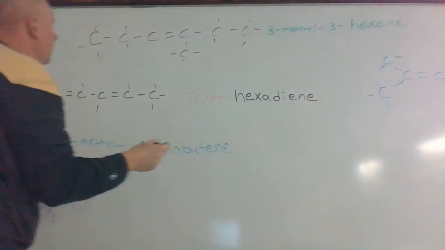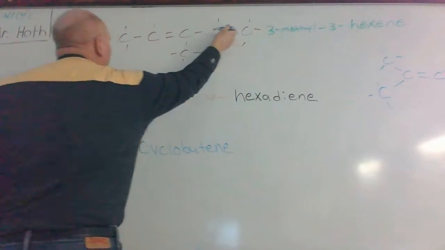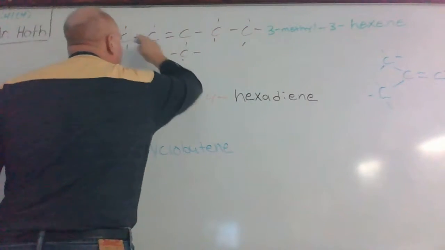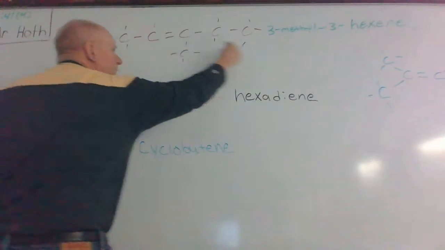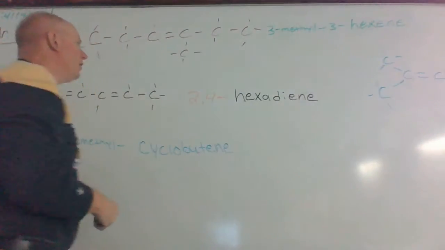Notice it doesn't make any difference whether you went this way or this way. I guess it does. You have to go right to left since it's not on here, but it's after the 3rd carbon. Okay, there's our double bond. There's a methyl group on the 3rd carbon.